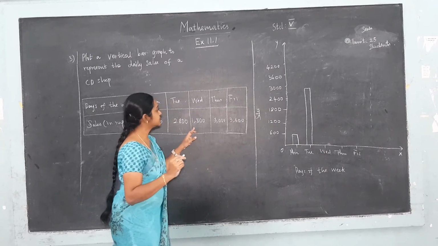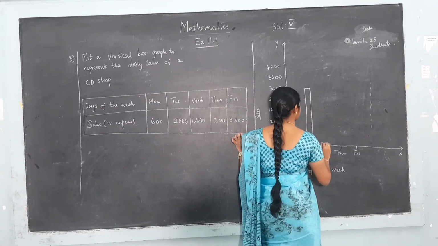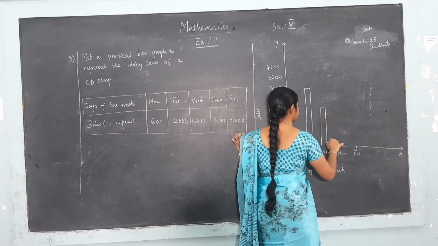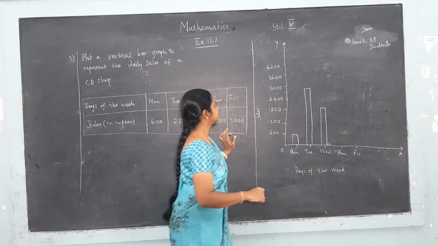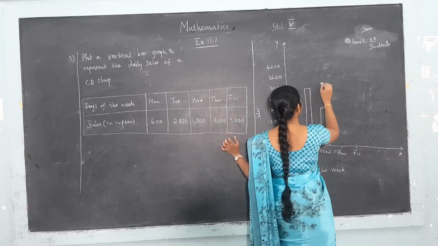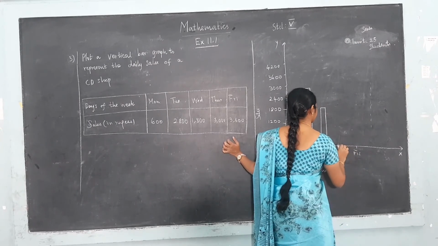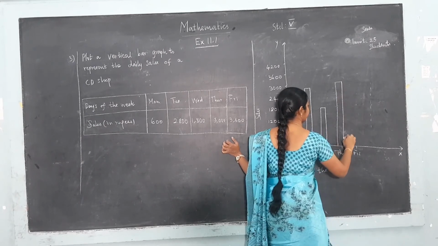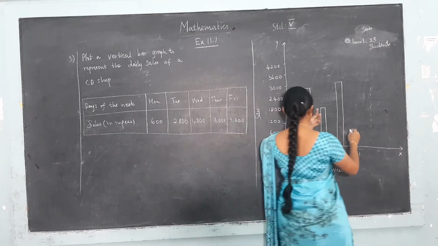Next for Wednesday it is 1800. Here it is Wednesday. For Wednesday it is 1800. Next Thursday it is 3000. For Friday it is 3600.